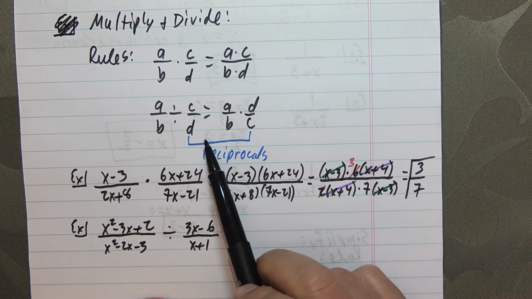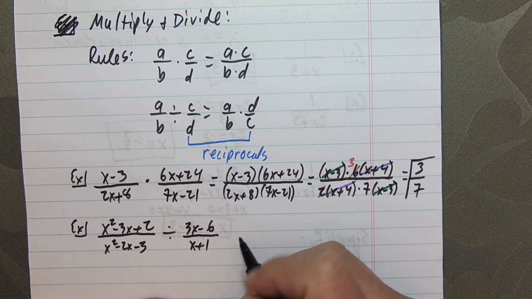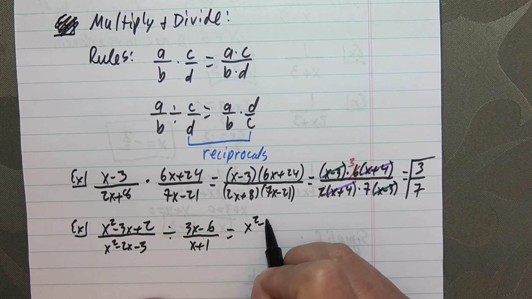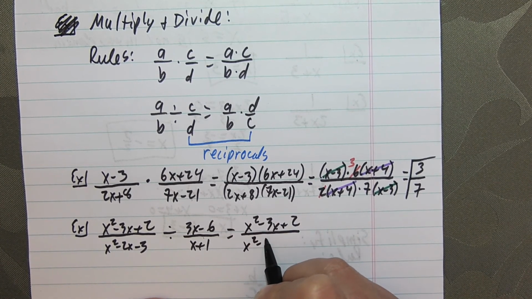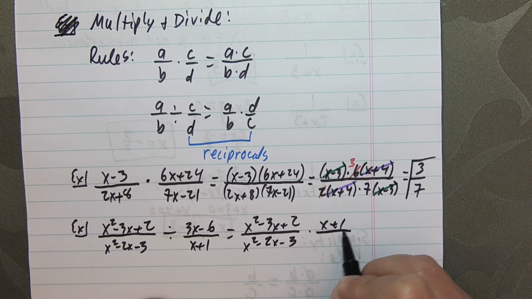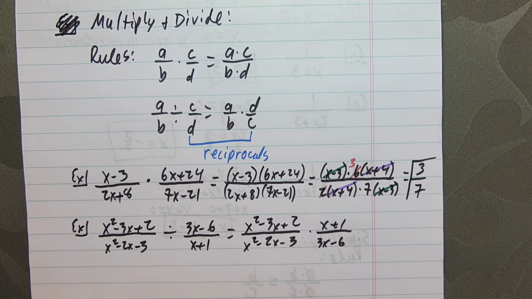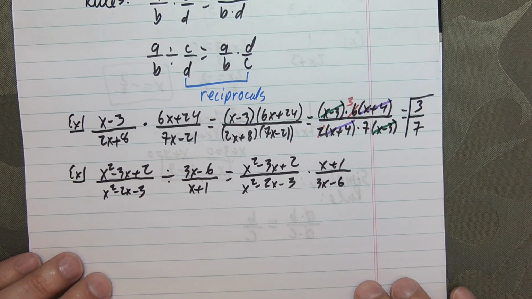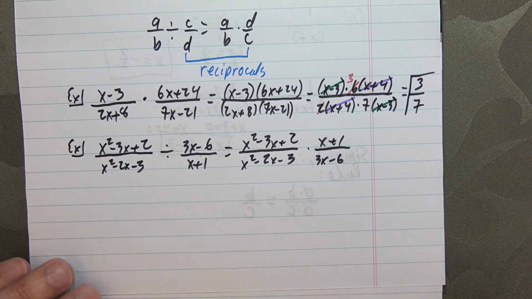So if we look at the rule here for division, I have to flip that second fraction. Only that second fraction. There we go.